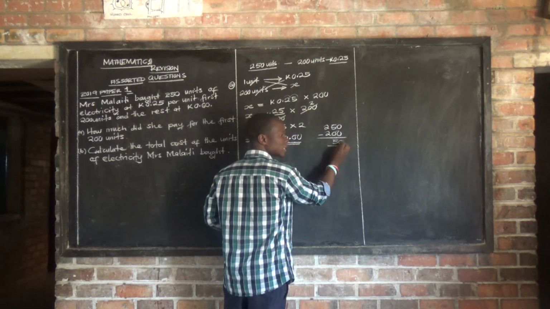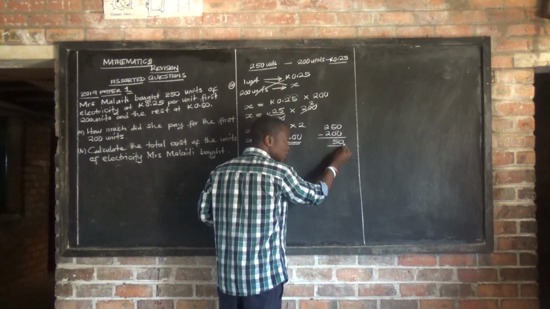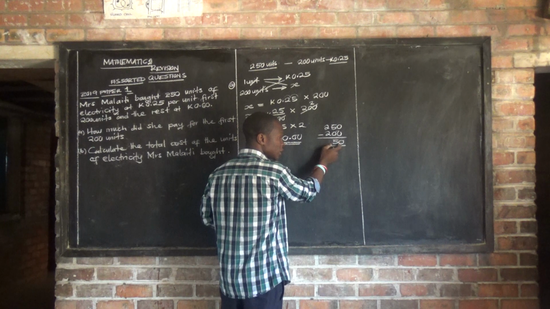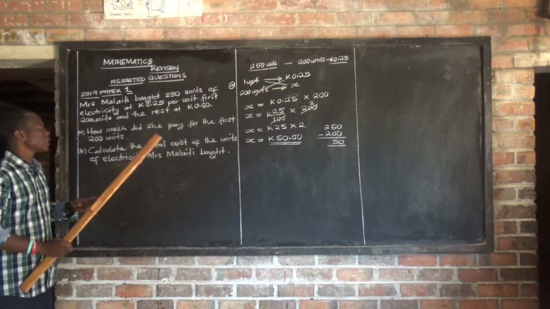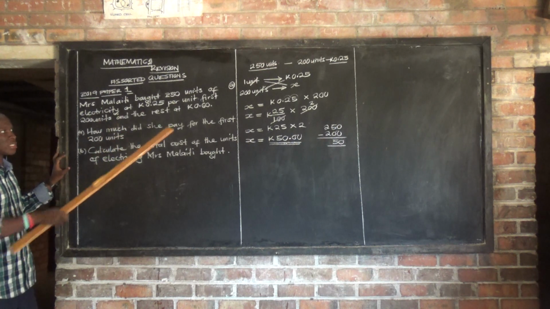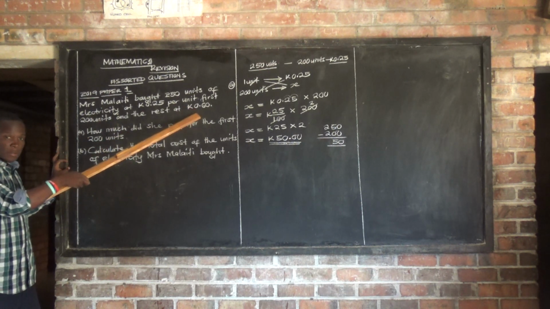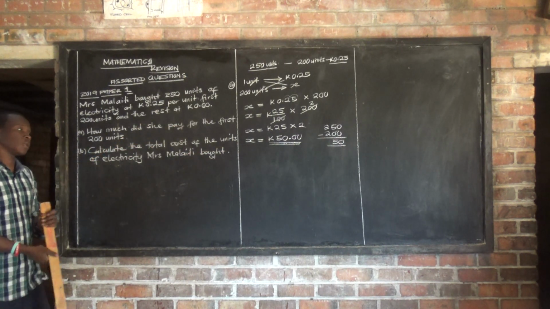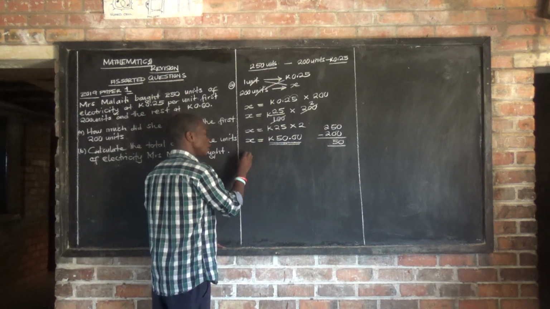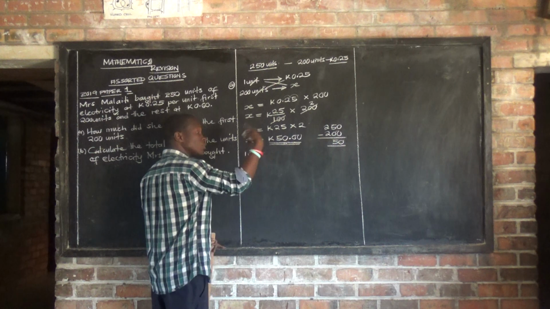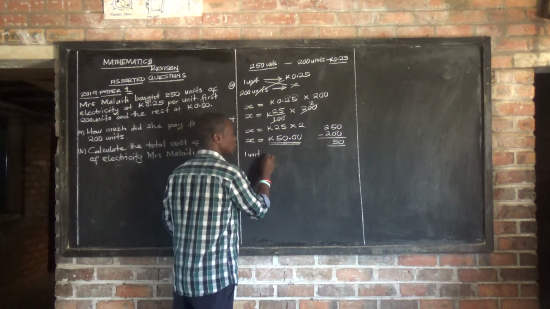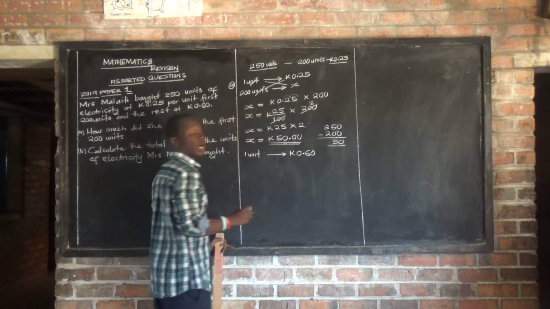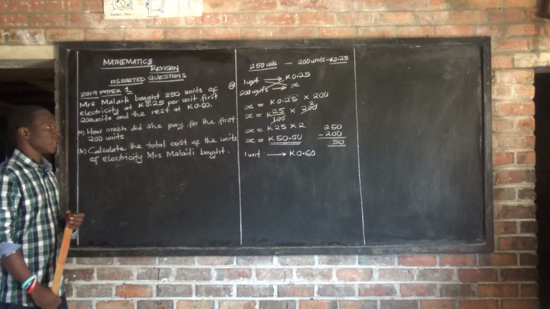So now let's find the amount spent on the remaining 50 units. We have been told that for the remaining units, she bought each unit at 60 Ingwe. So 1 unit is equal to 0.60.